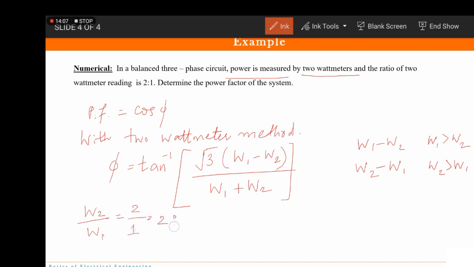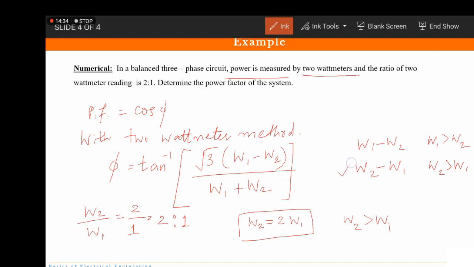Correct? 2:1. So with this, I can say, after cross multiplication, that W2 is twice W1. Right? It means that W2 is greater than W1. Isn't it? Yes.